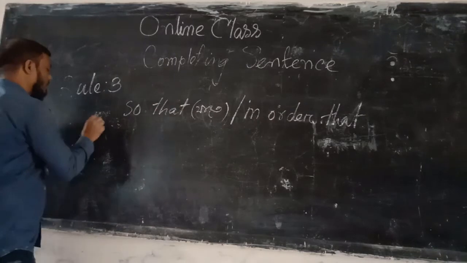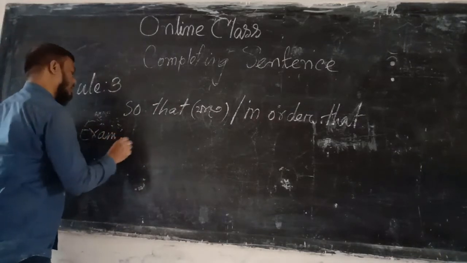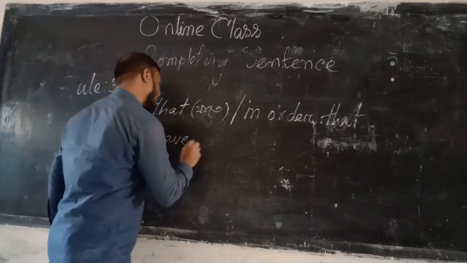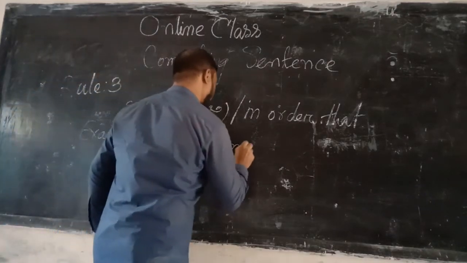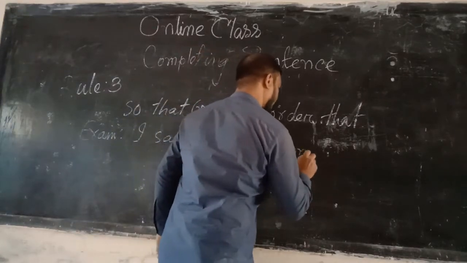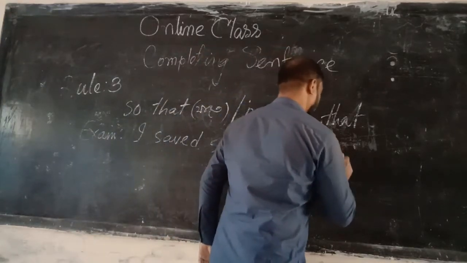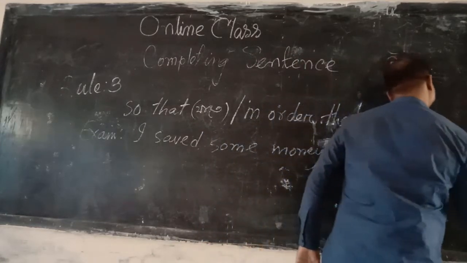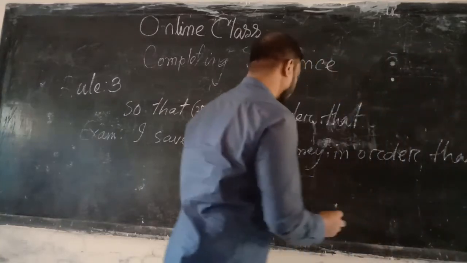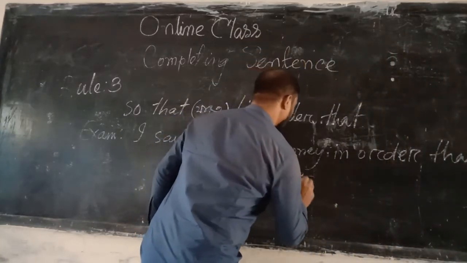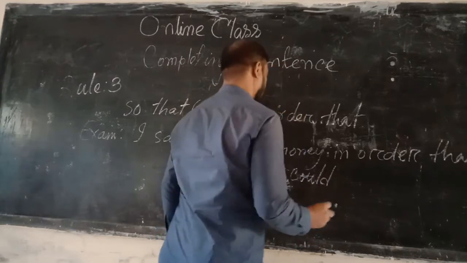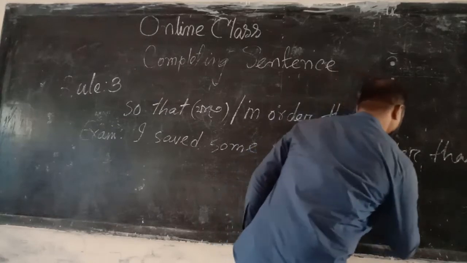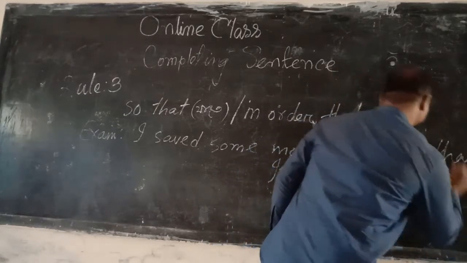Let's see an example: I saved some money in order that I could buy a house.